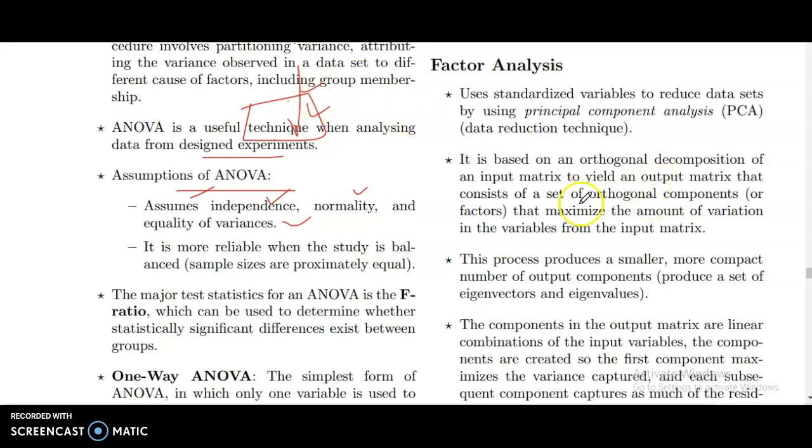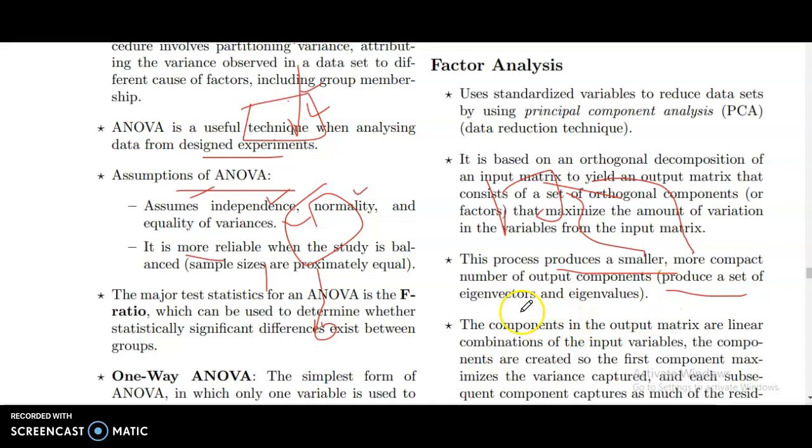It is based on orthogonal decomposition of the input matrix to yield an output matrix that consists of a set of orthogonal components or factors that maximize the amount of variation in the variables from the input matrix. This process produces a smaller, more compact number of output components.